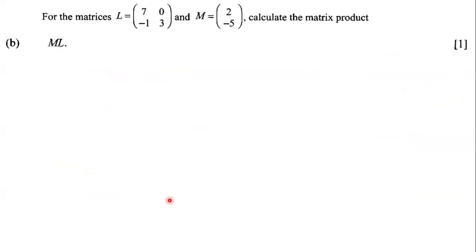Next, it says for the matrices L and M, calculate the matrix product ML. So it's different now. It's not LM, but it's ML.